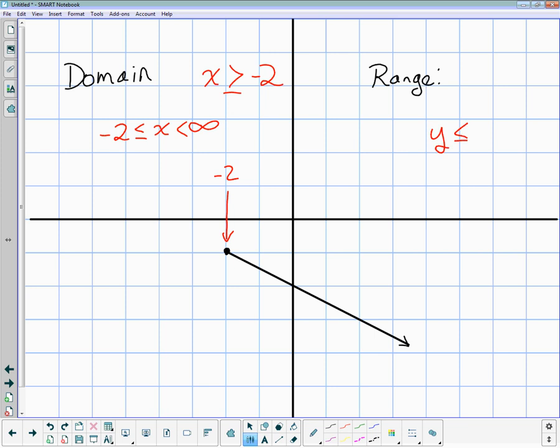Y's less than or equal to -1 because they're all below -1. Everything below -1 because it goes on. This arrowhead says that it goes on and on. You could also say y is less than -1 and greater than negative infinity. It's bigger than negative infinity, but it's less than -1. It's in between those two.